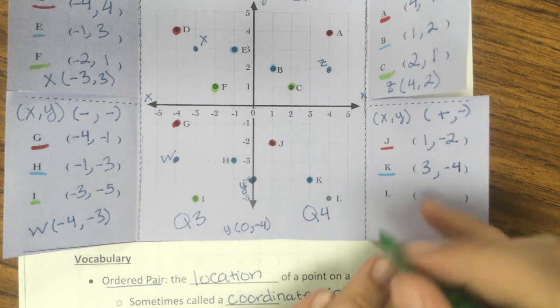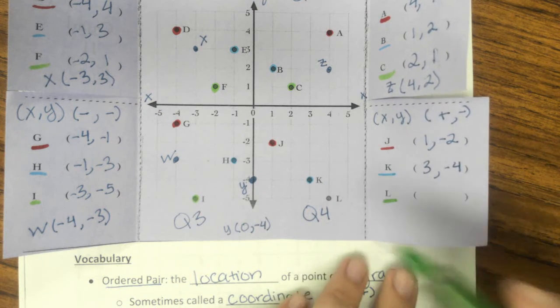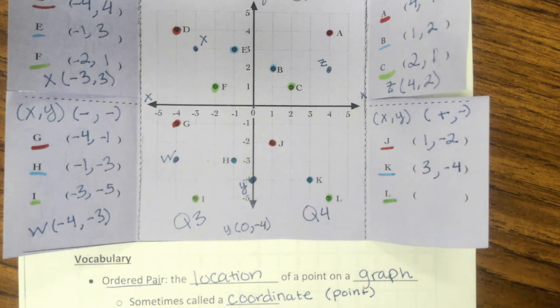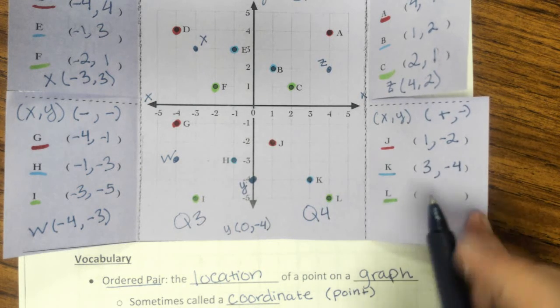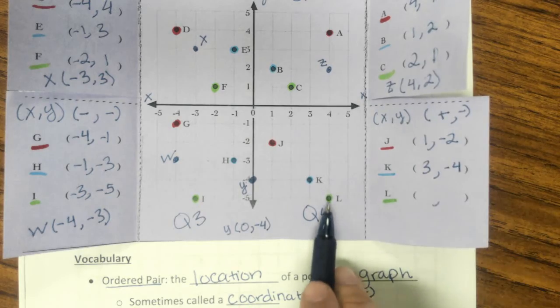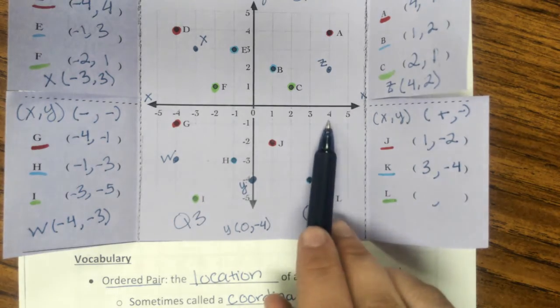Now find L on the graph. Okay, the ordered pair for L is x, y. The x value, the number on the x number line, is 4.